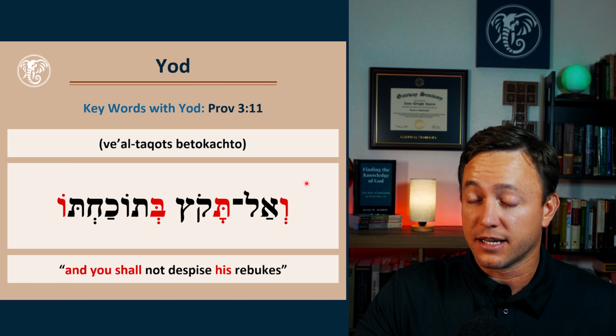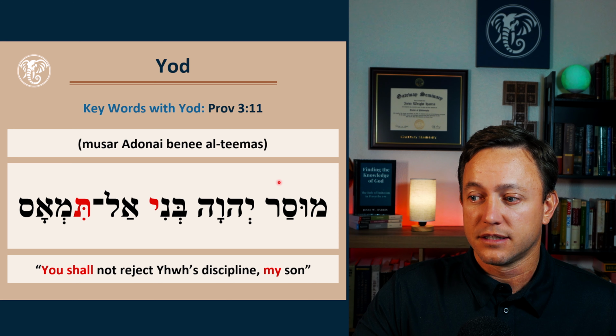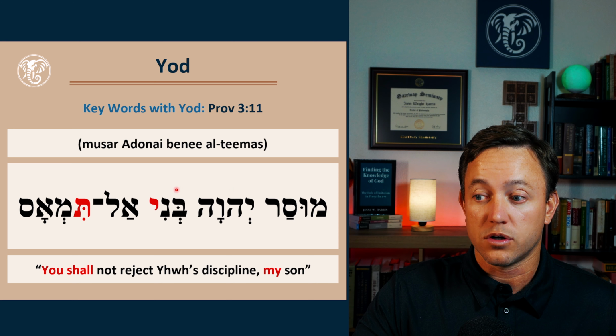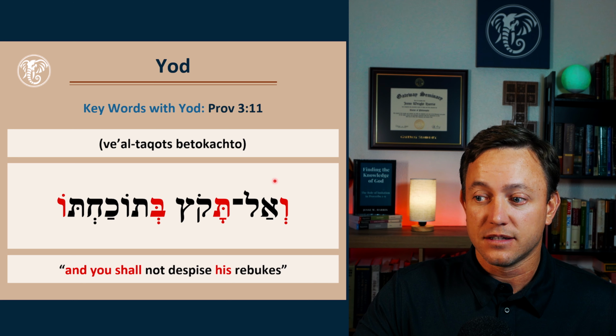Do not despise or reject the instruction, discipline of the Lord, my son, and do not despise or reject his rebukes. So, verse 12, Ki et asher ye'echav Adonai yokiak.